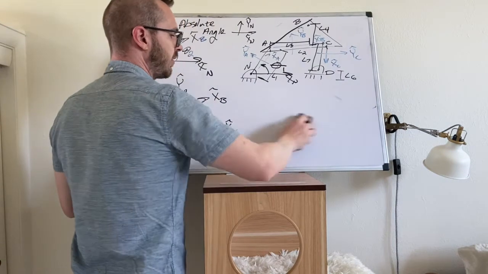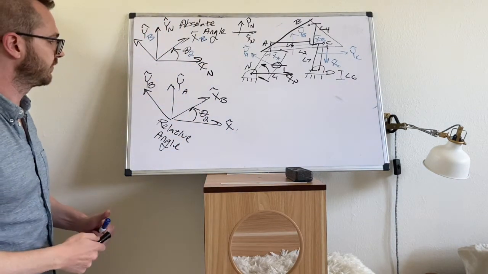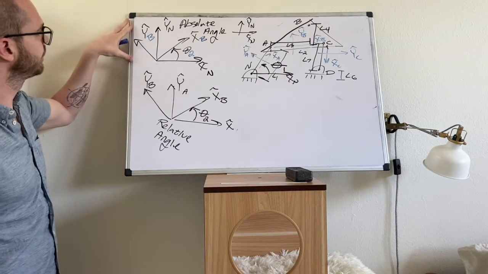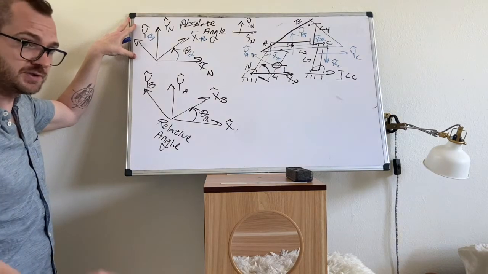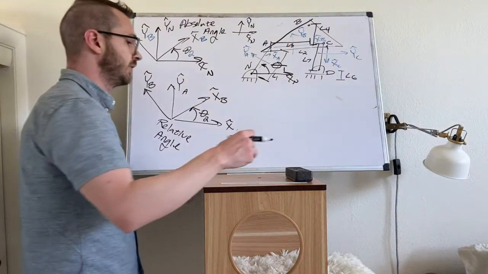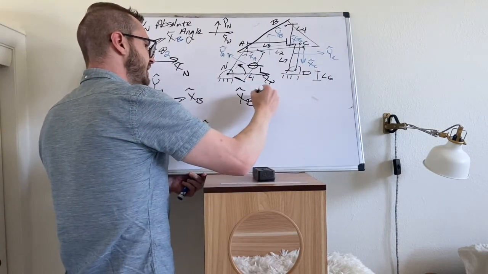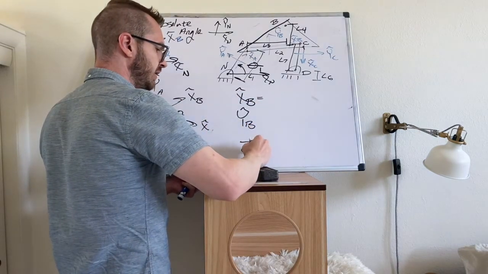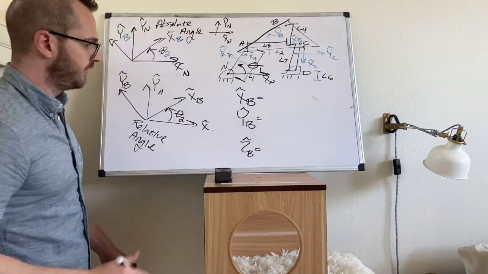So for the next part, we've got these diagrams and we need to come up with some descriptions. So what would the angle or the rotation description be if we're doing absolute angle? Well, it's actually going to look almost identical to what we did for the previous one, for the A-frame. We need to say that XB equals, YB equals, and ZB equals. Of course, ZB is the easy one.